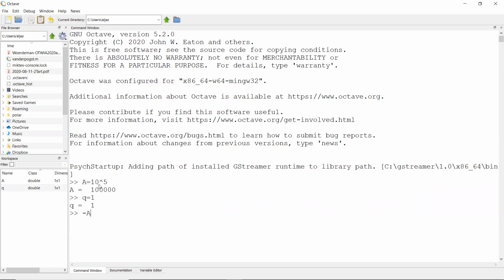So minus a plus the square root of a squared plus q. And I have to use format long so that I will have more decimal places shown. Let's say this is our x. So this is the solution.